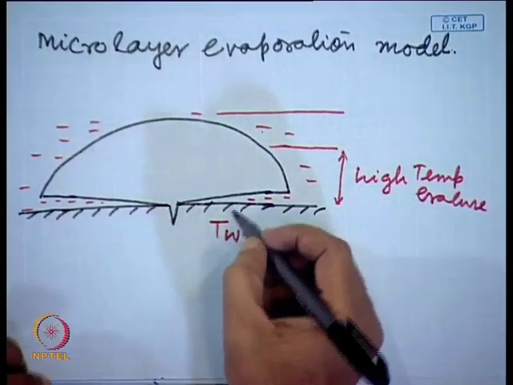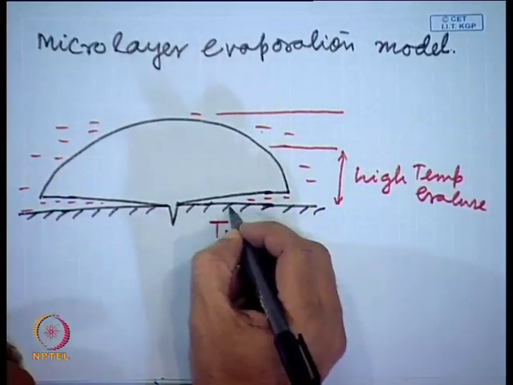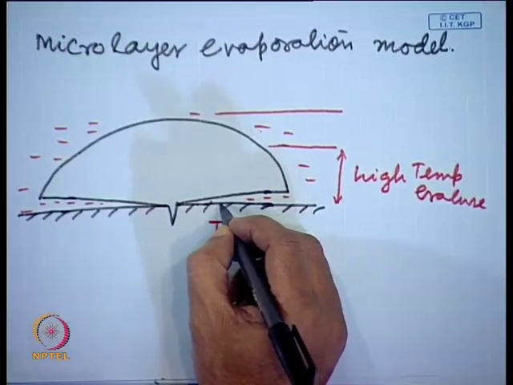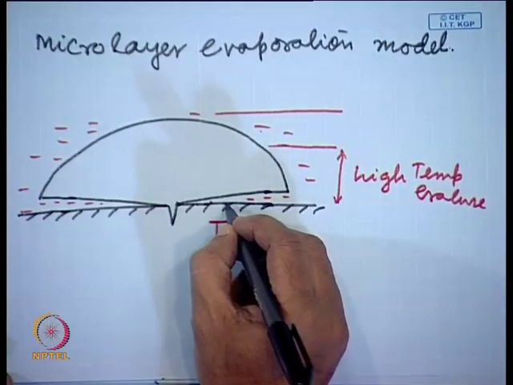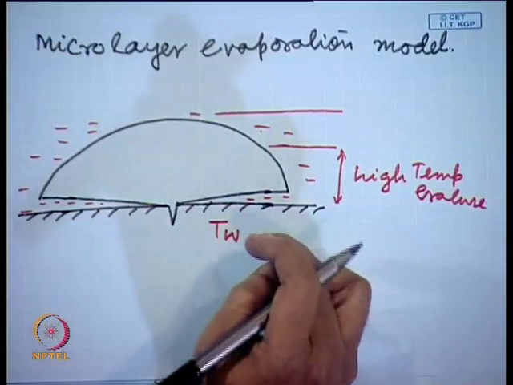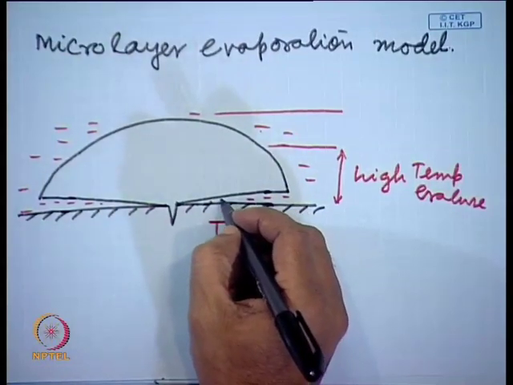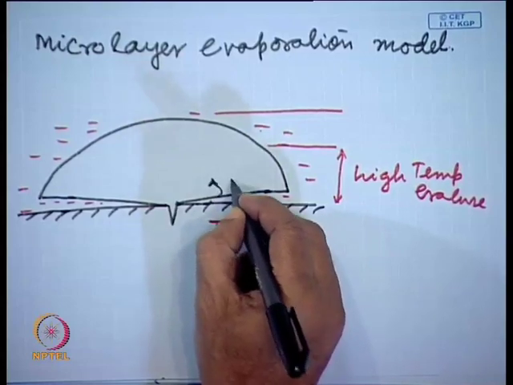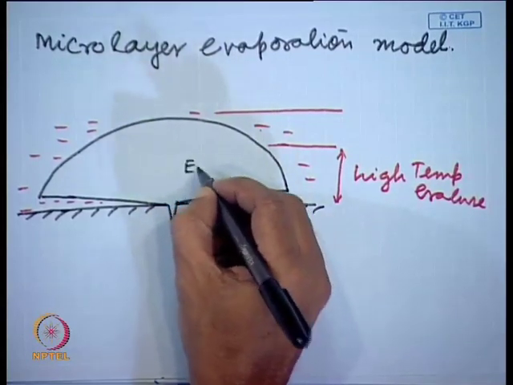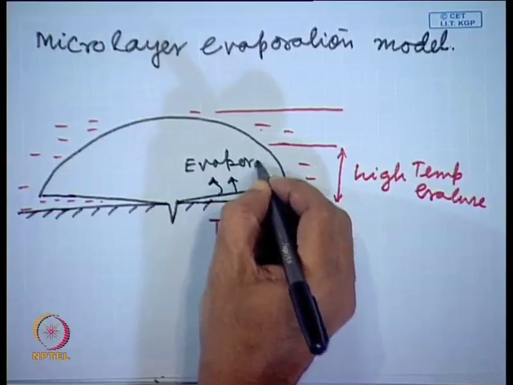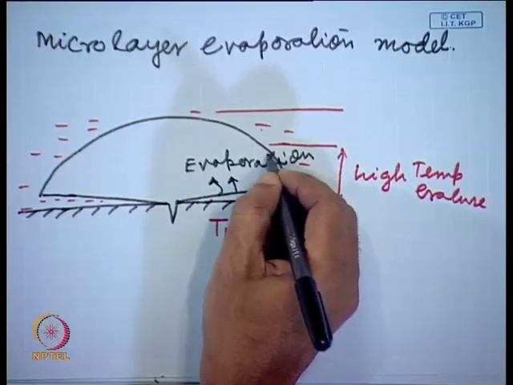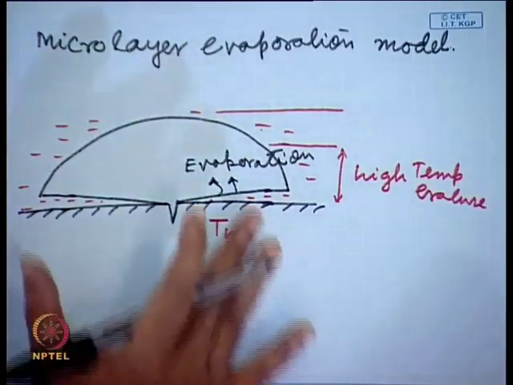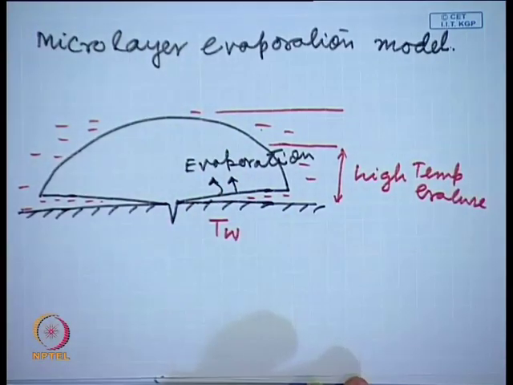So, from this T wall heat will be transferred, and due to conduction only, through this microlayer, and as heat is transferring, from here your evaporation will take place. This is your evaporation. So, that is why this is called a microlayer evaporation model, and the bubble will grow large enough and then it will leave the surface.